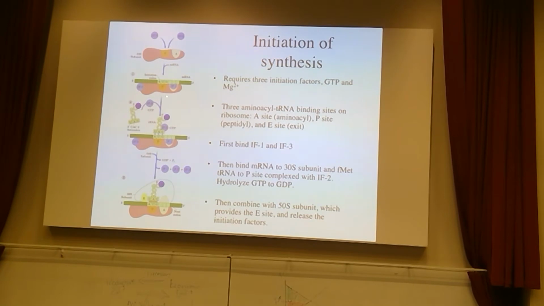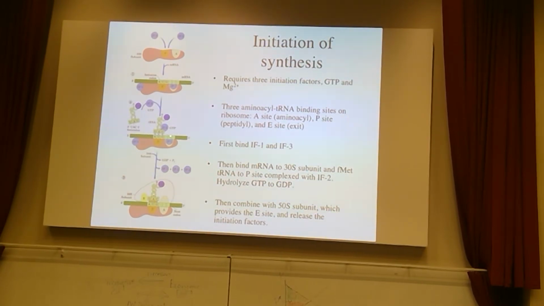The AUG codon is right over the peptidyl site, and now we can bring in an additional initiation factor, IF2, which has GTP associated with it. So this is going to be an energy-dependent process. It's driven by hydrolysis of GTP.